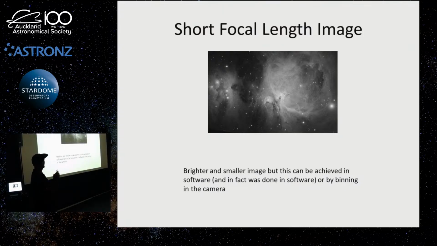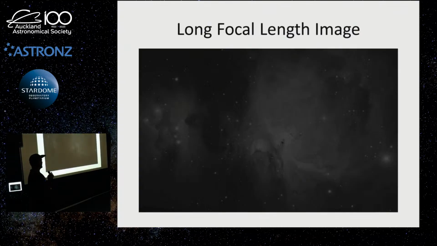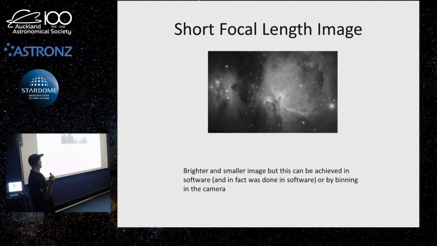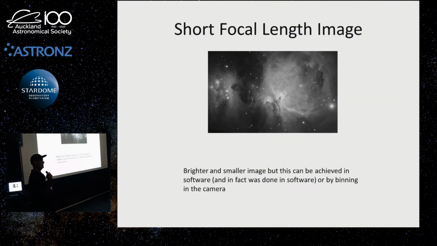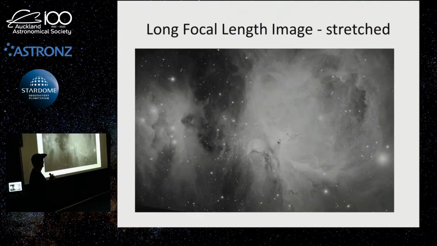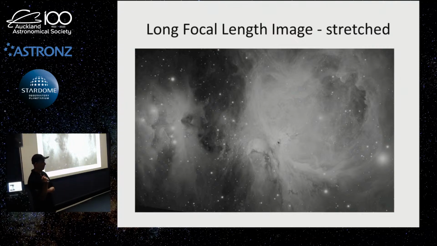Now, this brighter image can be achieved in software because it's a post-processing step. You can post-process this image using Photoshop to get this image. So you're simulating the F ratio shortening. And that's what you get when you post-process.